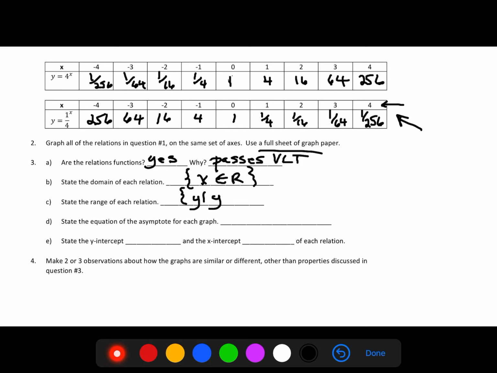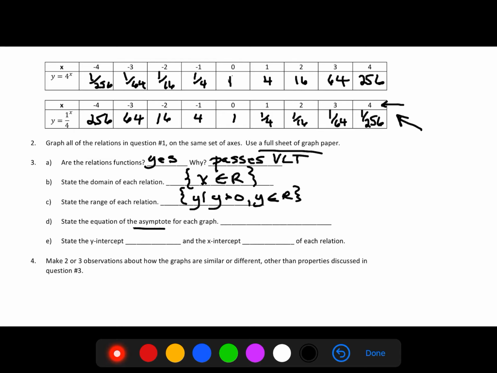It's never actually going to be equal to 0. We can never get to 0. So our y values are y such that y has to be greater than 0. Notice not greater than or equal to, just greater than 0. And as long as they are, it's any number. We do have a continuous line.